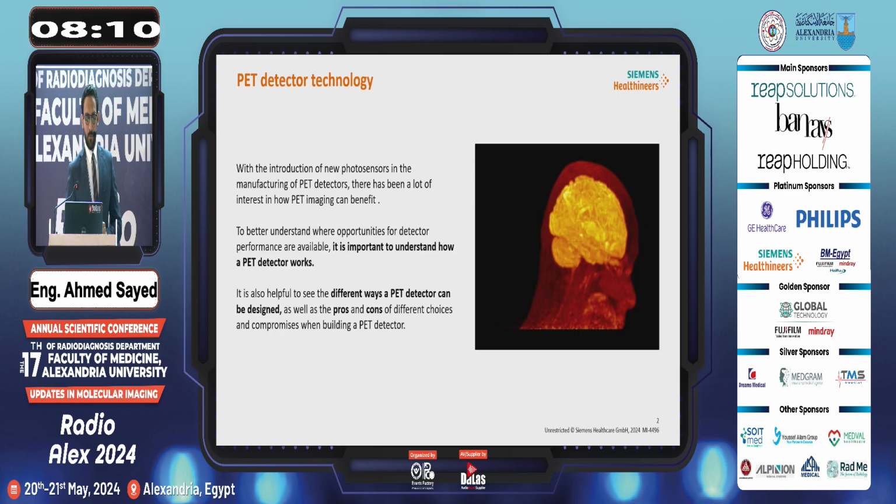So it's very important to understand how the detector works, also to know the different ways a PET detector can be designed, and know the pros and cons of every detector part.